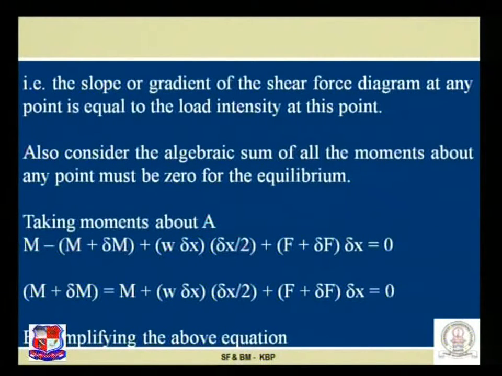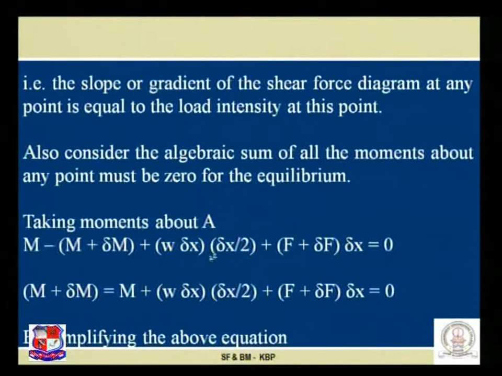The other moment is the bracketed M plus delta M with a minus sign ahead, because it is an anticlockwise moment acting at B, and we do not have to multiply by any distance.